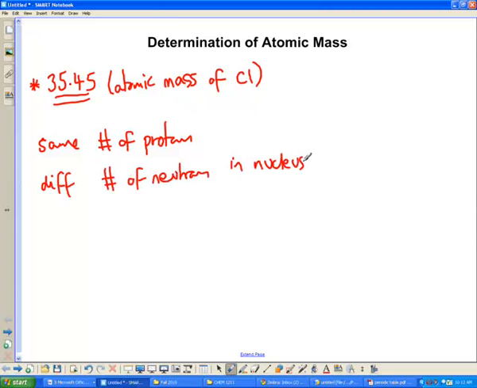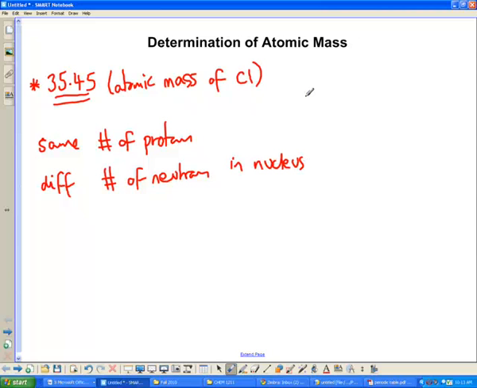And it turns out every element that has isotopes exists as a certain set number, and it just is the way it is. Chlorine, for example, exists as 2 isotopes. It's not 3, not 10, it just happens to be 2. That's just the way they naturally occur.